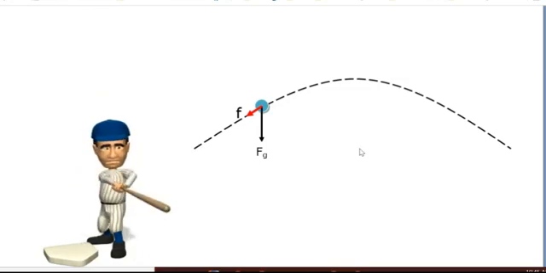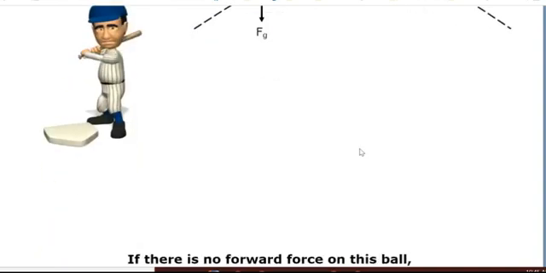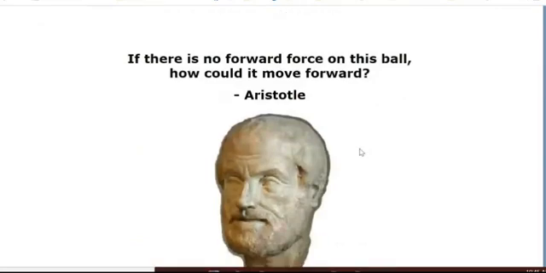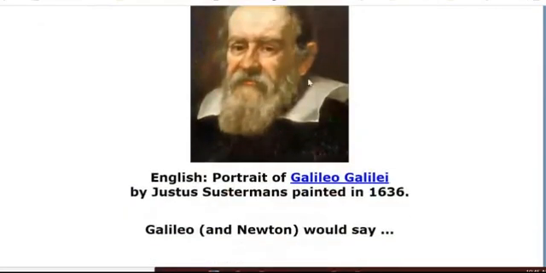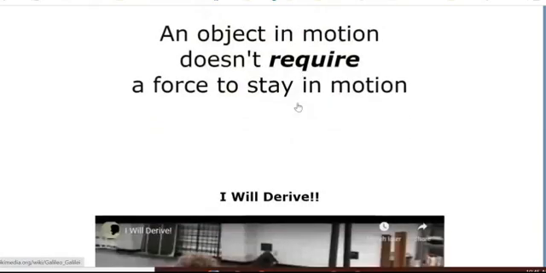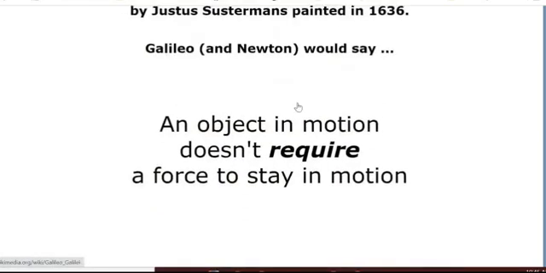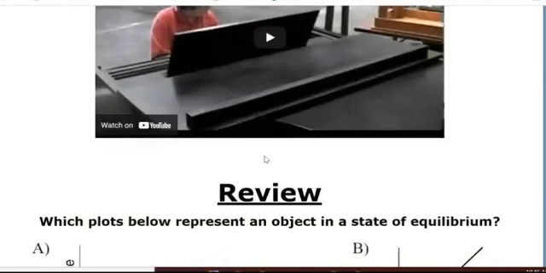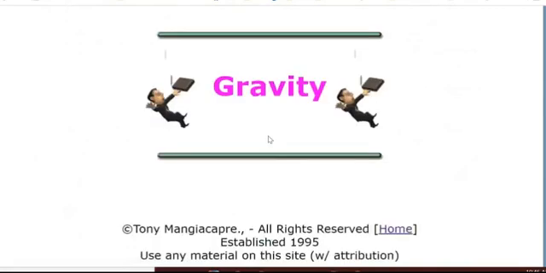Like I said, he was wrong about almost everything he said about physics. Did it set back physics? No, we set back physics because we stopped questioning it. But this guy did. His name is Galileo, and he questioned a lot of things that Aristotle said. What he proposes: an object in motion does not require a force to stay in motion.